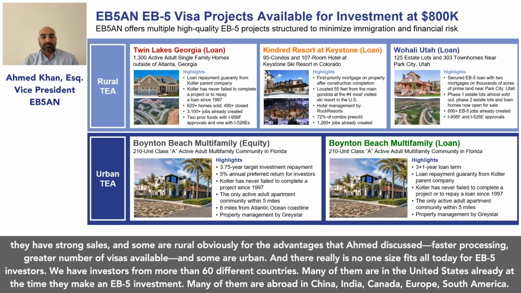We have investors from more than 60 different countries. Many of them are in the United States already at the time they make an EB5 investment. Many of them are abroad in China, India, Canada, Europe, South America.